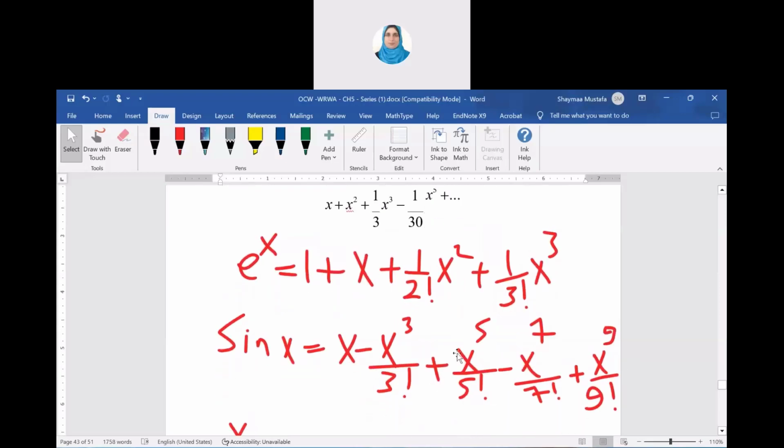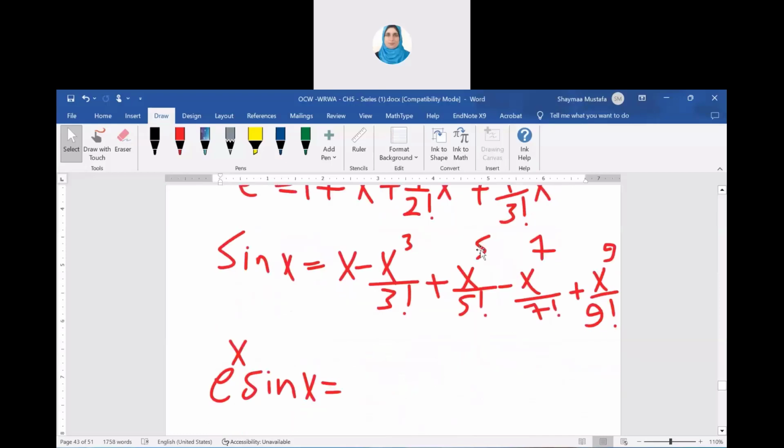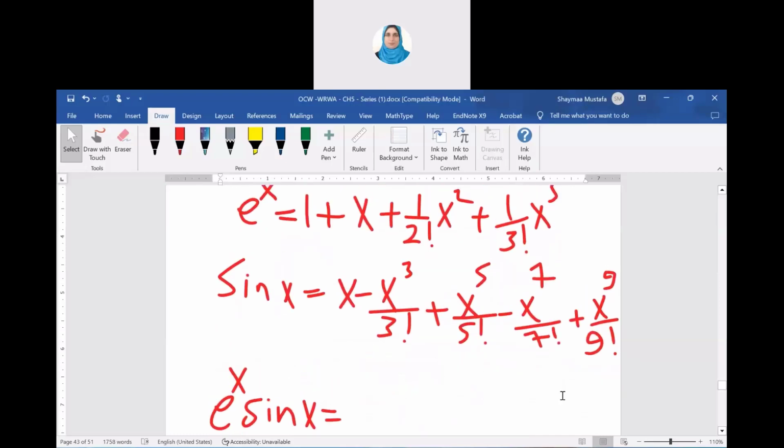Here, stop at x to the power 5. So I will stop at x to the power 5 as well. So here 1. So you have x minus x cubed over 3 factorial. Now I'm doing the multiplication: 1 times x, 1 times minus x cubed over 3 factorial, 1 times x to the power 5 over 5 factorial.